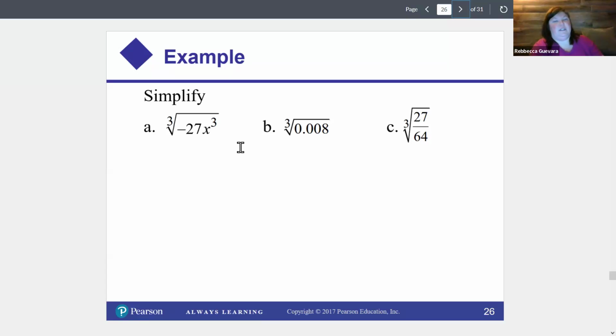So just for an example here, a lot of the rules that we have for square roots also apply here. Any root of a product, we can split that product into two roots.